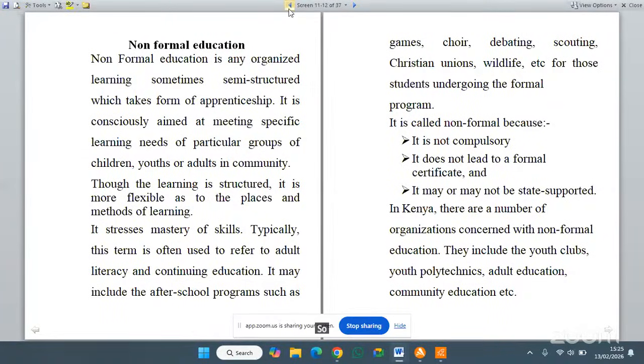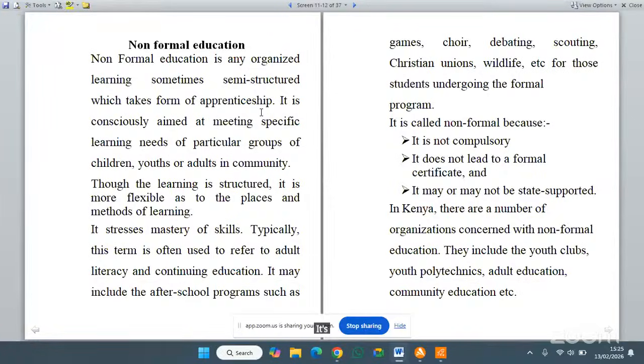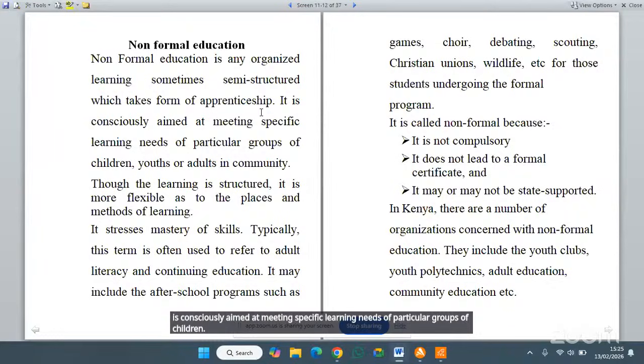So we move on to look at non-formal education. Non-formal education is any organized learning, sometimes semi-structured, which takes the form of apprenticeship. It's consciously aimed at meeting specific learning needs of particular groups of children, youths, or adults in the community.